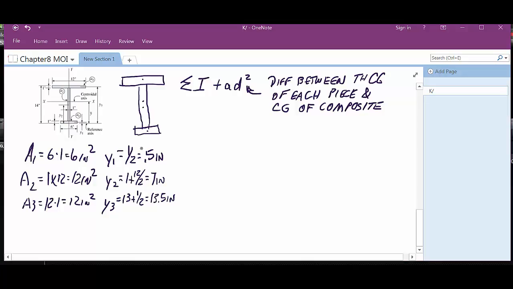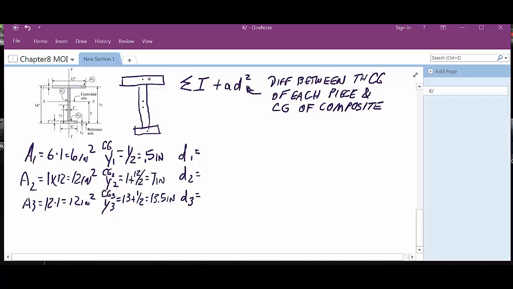Now then, to find our moment of inertia about this whole composite, we're going to have D1, D2, and D3. What we found out was, if we called this Y1, we could actually call that CG1. This would be CG2 and CG3, wouldn't it?